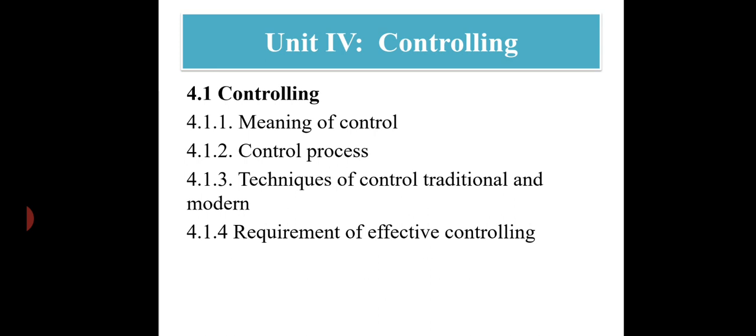There are two types of techniques of controlling, traditional and modern. So which are the traditional techniques and which are the modern techniques of controlling, we'll be learning. And the last part is requirements of effective controlling. That means what sort of things are required if you want to effectively implement the function of controlling.